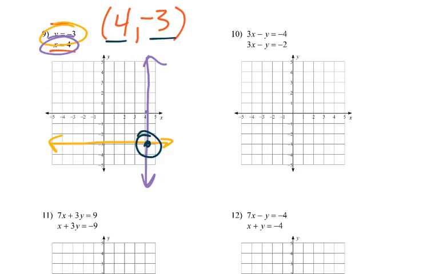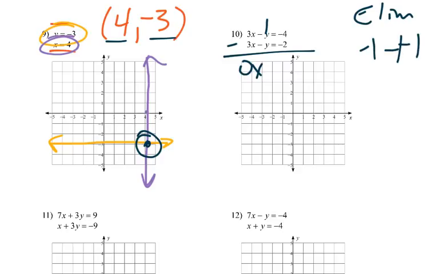Okay, now if I look at 10, this one I would probably use elimination again. So 3x, we'd have to subtract to get 3x minus 3x to be 0x. Now negative 1y minus negative 1y would add, and that'd be negative 1 plus 1, which would actually give me 0y as well.